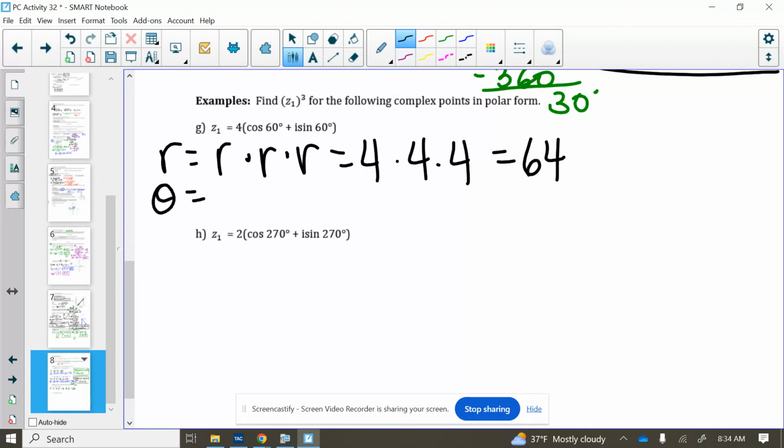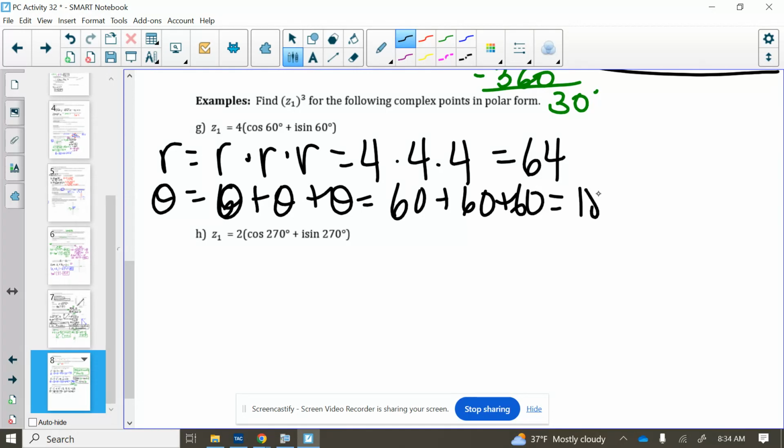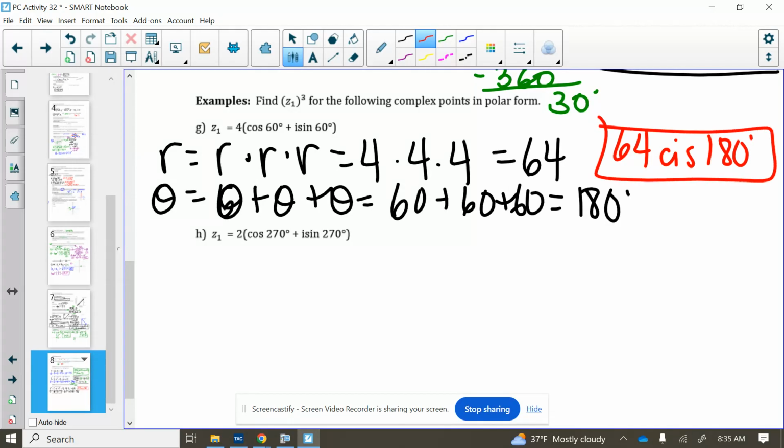For the theta, we would just add theta plus theta plus theta. So 60 plus 60 plus 60 is 180. So again, you would see either your normal format, or we could just say cis format for this if we want to be a little lazy on our writing.